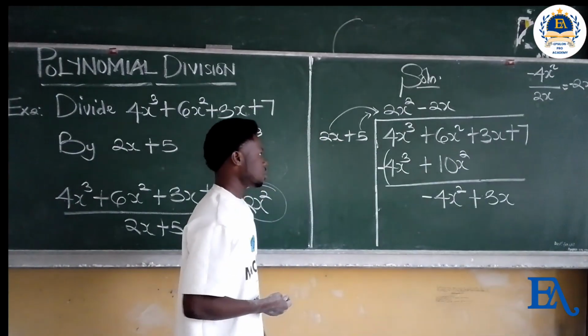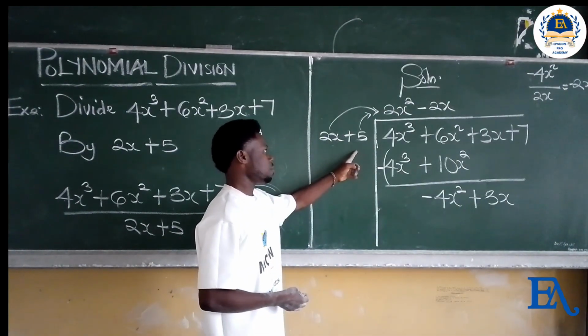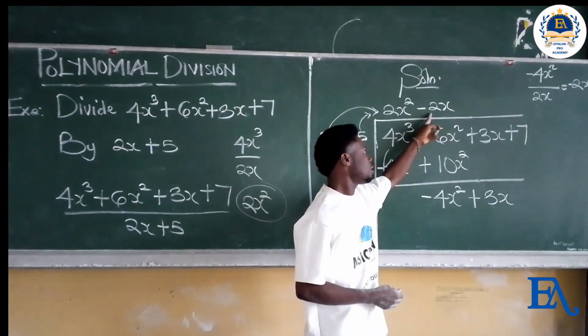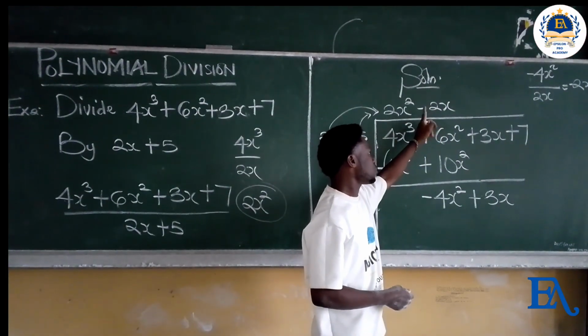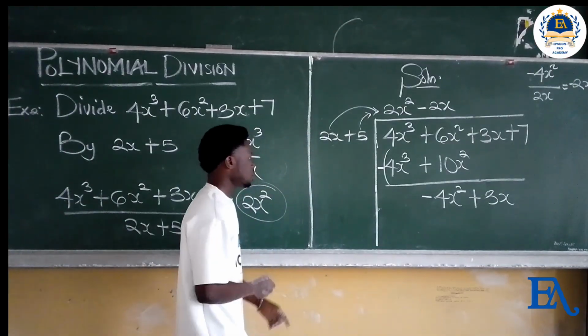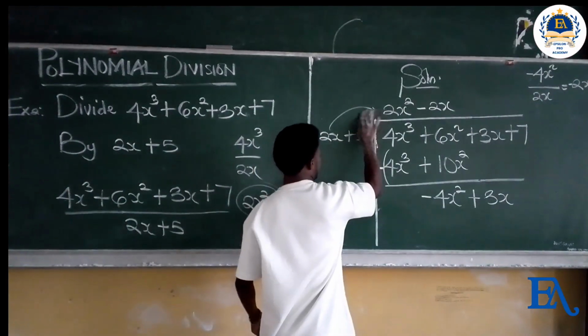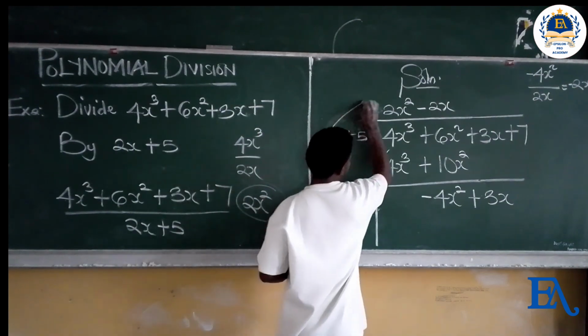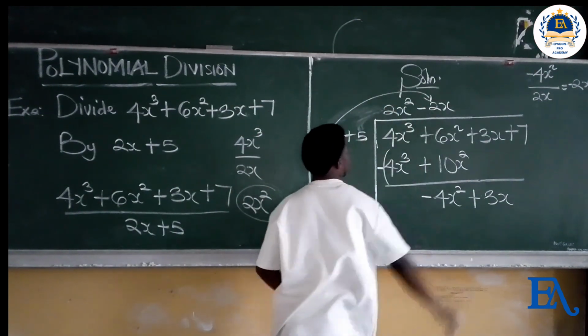The next is to multiply all these terms by this new quotient of minus 2x. Not everybody, but just this person, minus 2x. If you do that, this arrow is going to be pointing at this person alone, minus 2x.